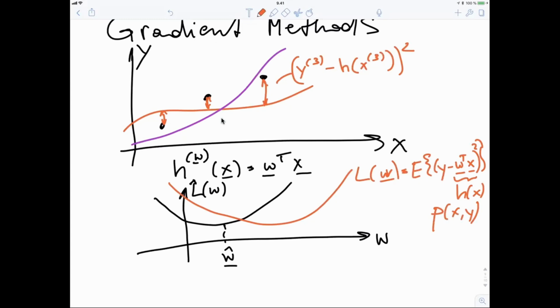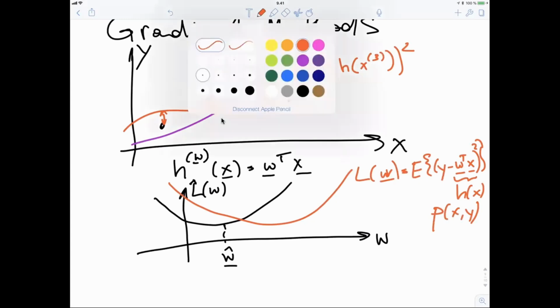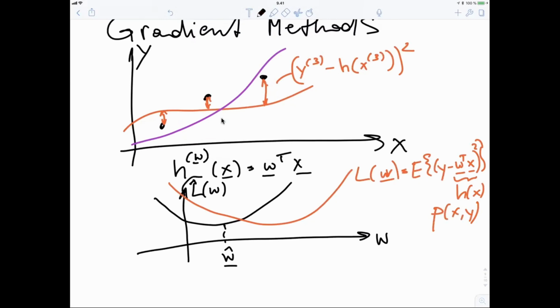So what we do instead is we minimize the empirical risk, which we can compute. The empirical risk we get by summing the loss over all data points in the training set.